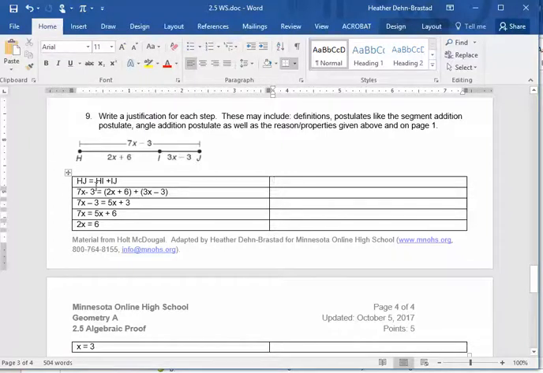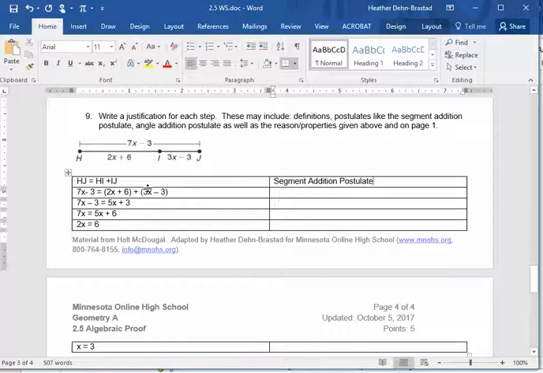It's hj equals hi plus ij. This is the segment addition postulate. And you can look this up, but this is from chapter 1, section 2 when we learned about this. So now that we know this postulate, we can use it in proofs.